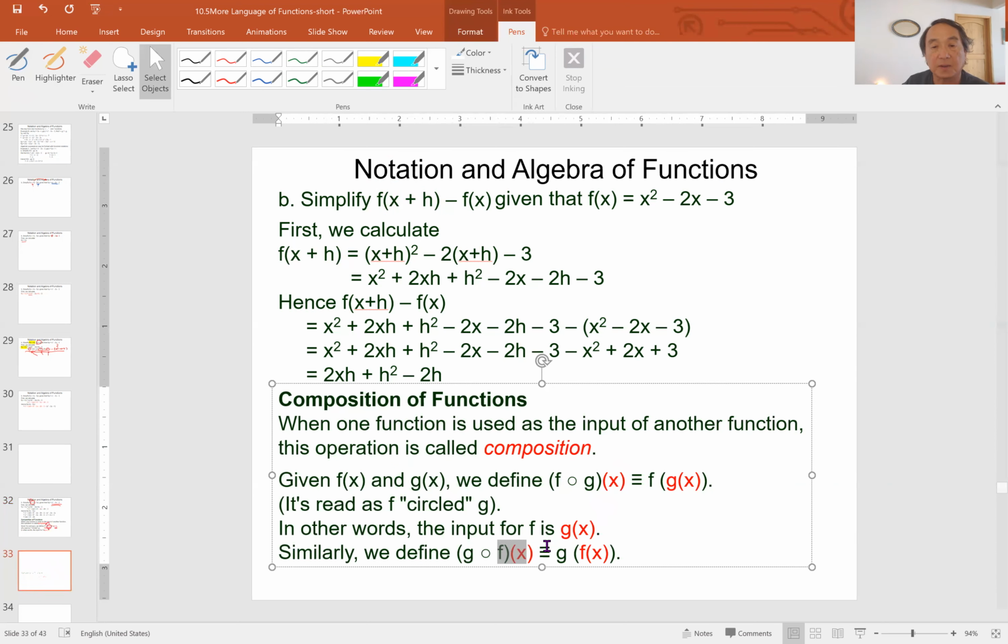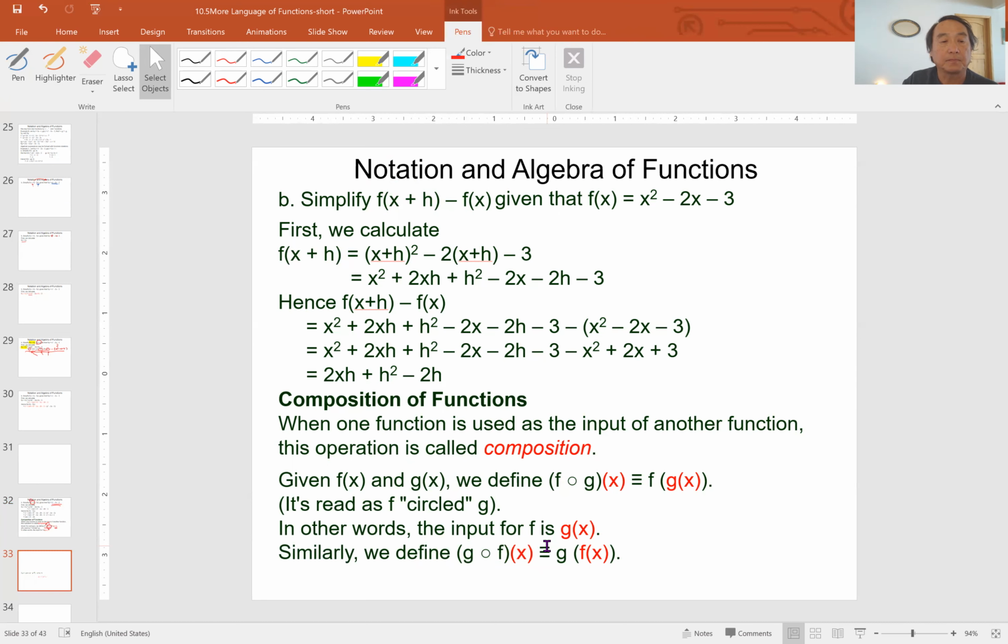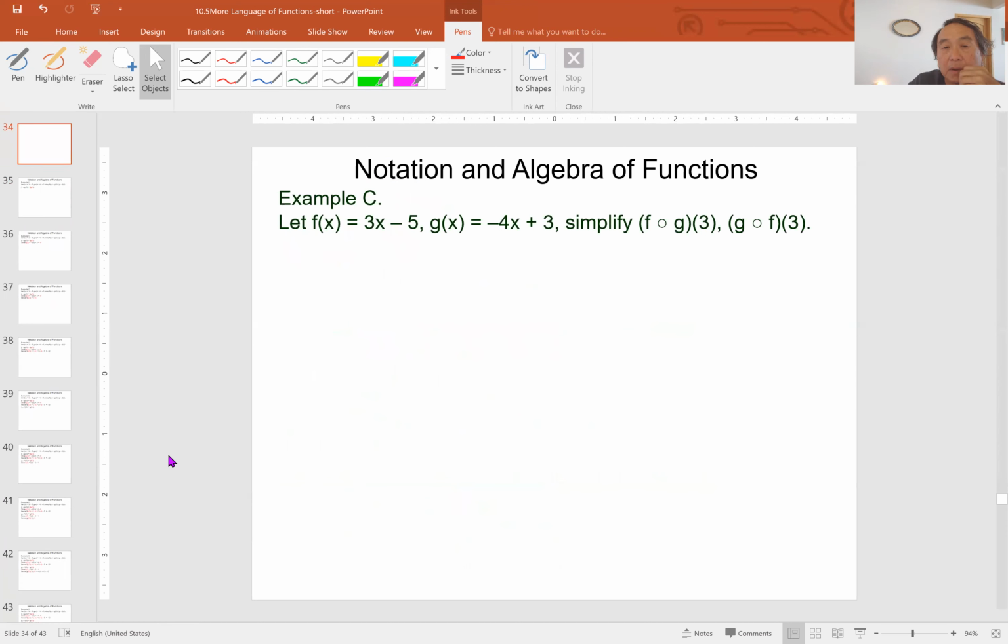And here are our two examples. Two different examples. Here's f circle g of 3, meaning g of 3 is to be put into f. But of course, I need to know what g of 3 itself is first.